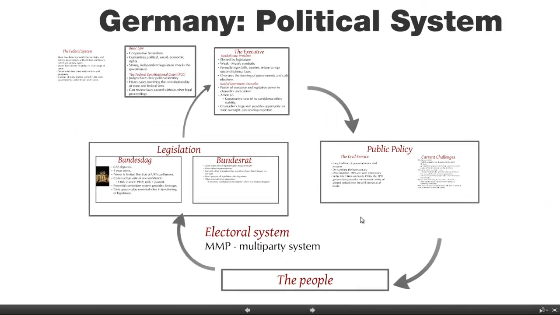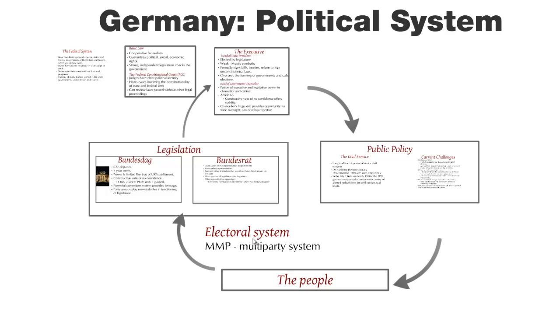So looking back at the political system here, first of all, we have the electoral system. The people elect the members of the legislation, and this is not a plurality system. This is MMP, the mixed member proportional vote, and that's a highly complex system where each voter gets two ballots.